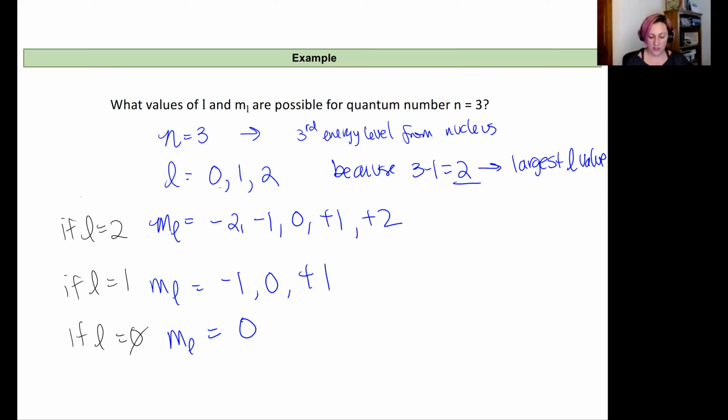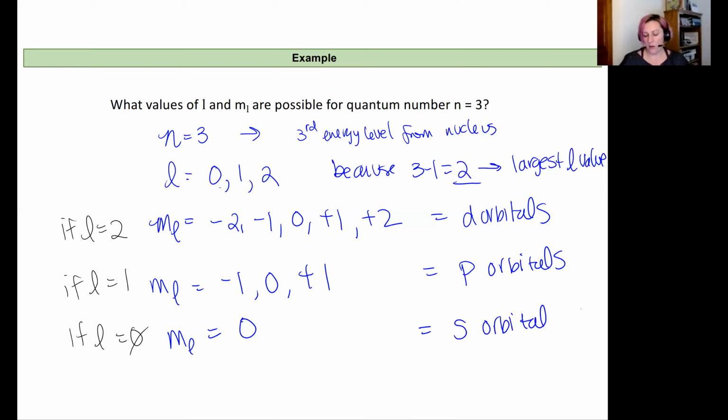And so this L equals 2, remember, these are going to be our d orbitals. And there's 5 different orbitals that it could occupy within that. If L equals 1, these are our p orbitals, and there's 3 of them. And for our L equals 0, that's our s orbital. Remember that s orbital is just a sphere, and so it has the same orientation no matter how you look at it in an x, y, z plane.